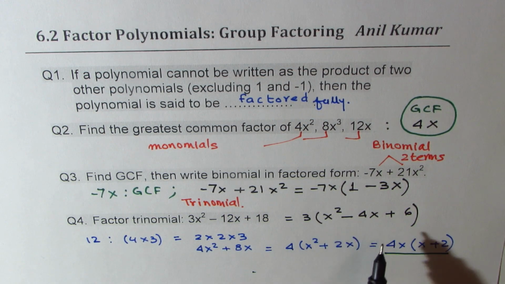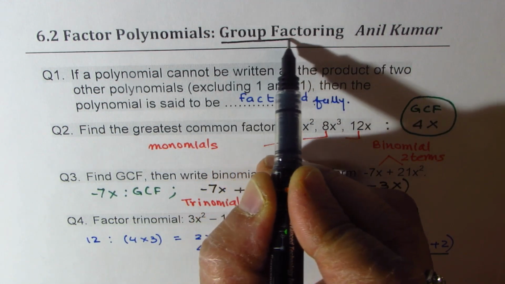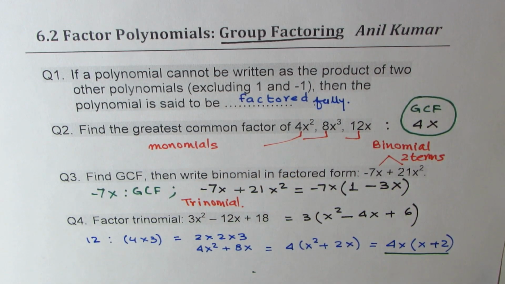Now this kind of factoring which we have done in this example is called group factoring. There are other kinds of factorings which we'll soon touch upon, but I hope you got the basic starting point, group factoring, right? Now let's take up question number 5 and 6, which are applications. So we'll now take applications of this particular result.